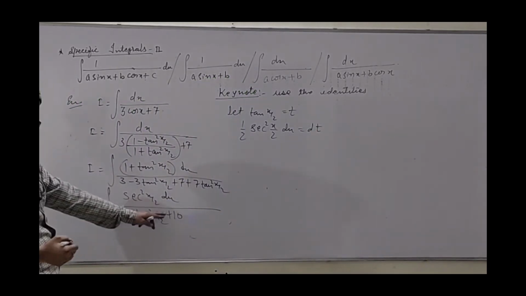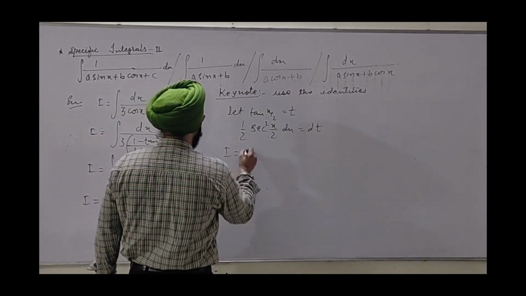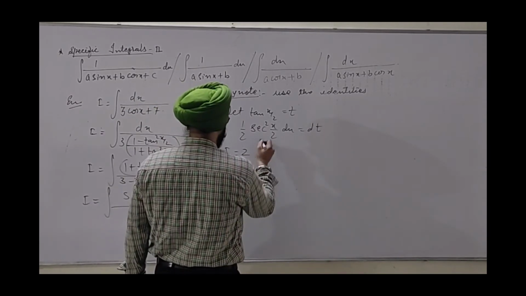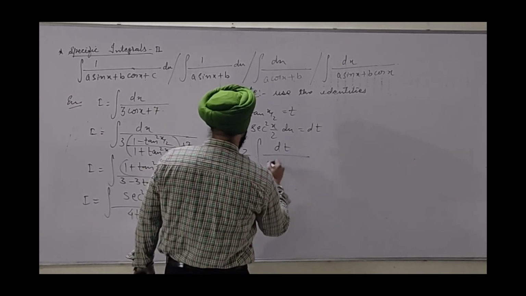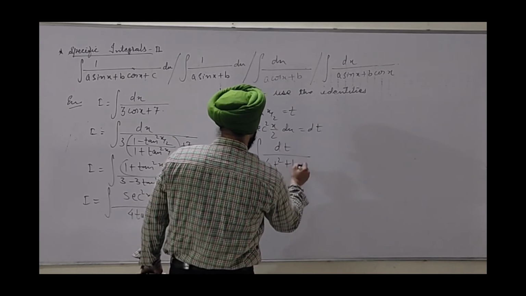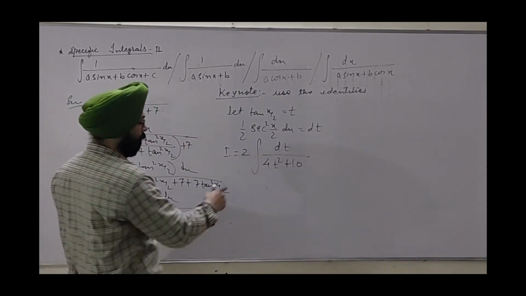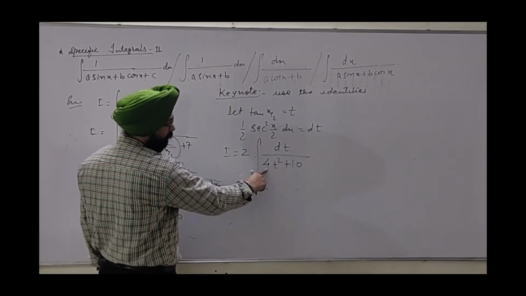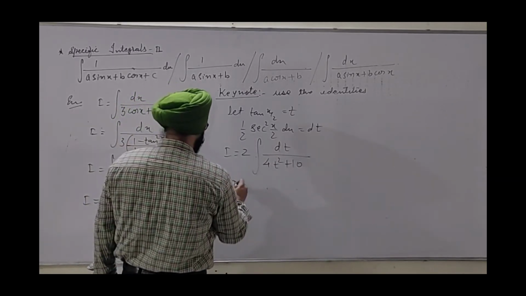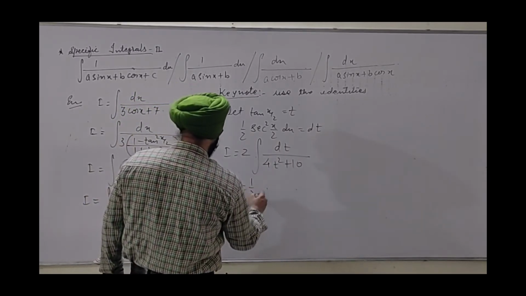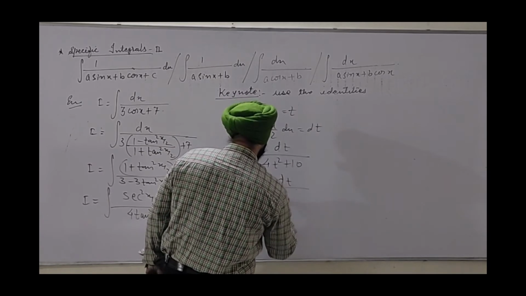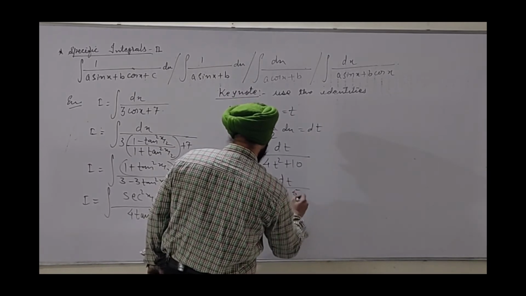It's available in the numerator. I can be written as twice dt upon 4t square plus 10, and by the rules I always use the coefficient of t square as common factor, so we get 2 by 4 means 1 by 2 dt upon t square plus 5 by 2.